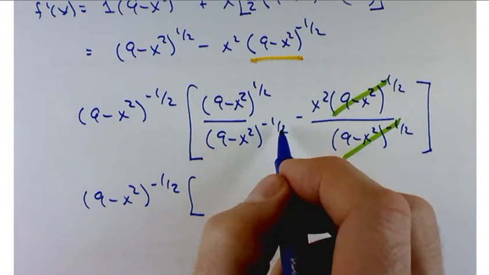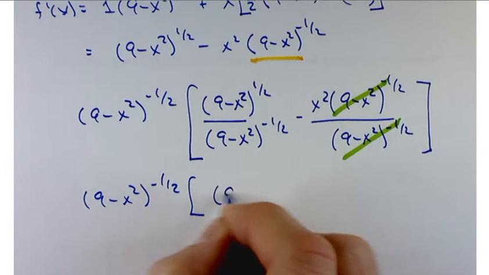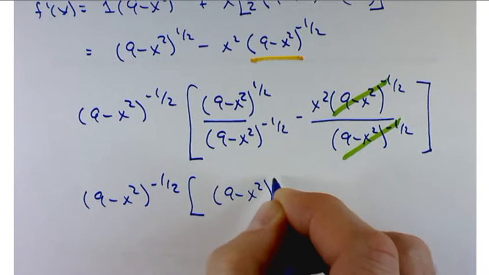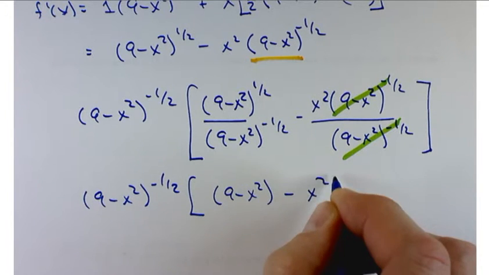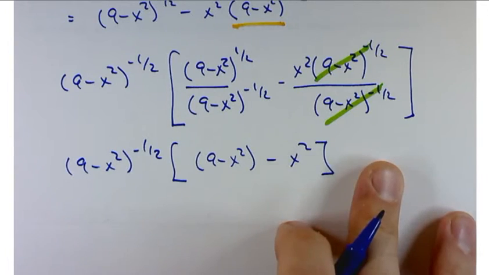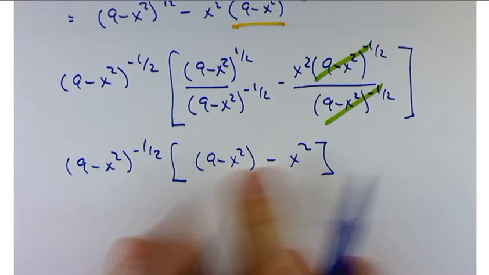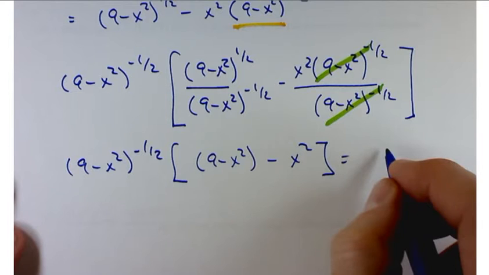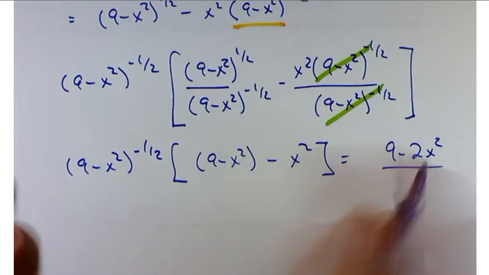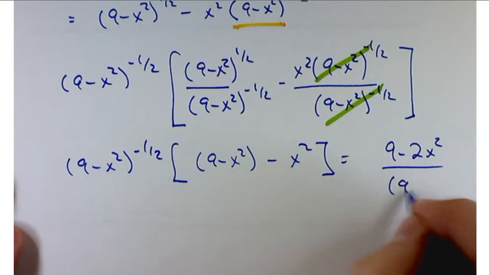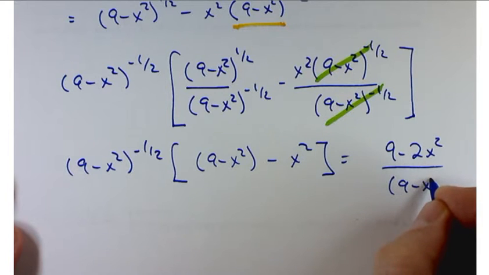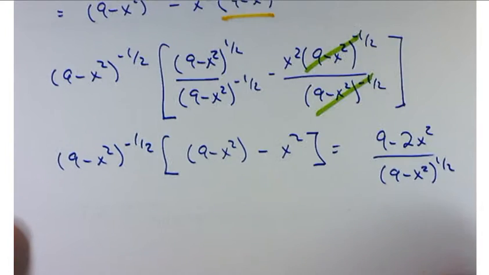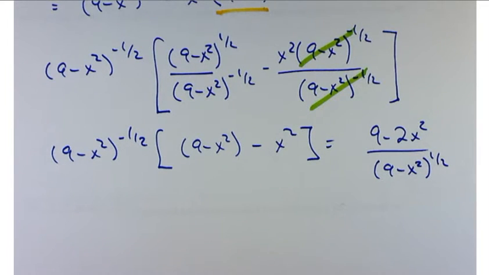These are like terms. Minus x squared and minus x squared gives you minus 2x squared. So 9 minus 2x squared over 9 minus x squared to the 1/2. All right, so that's f prime of x.